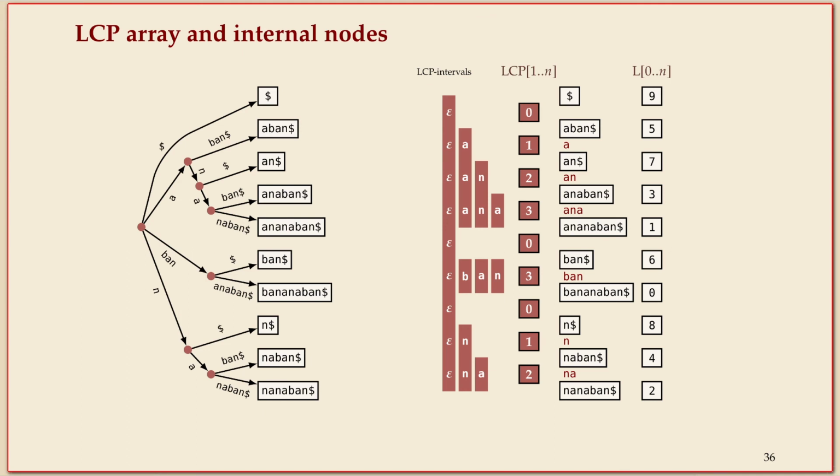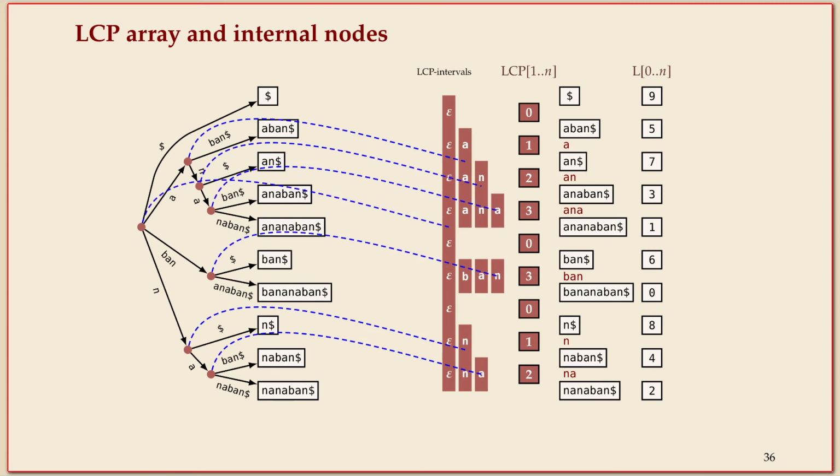The cool thing about these is that if you now compare them with the suffix tree, there's a one-to-one correspondence between the LCP intervals and the internal nodes. And that's shown here. So let's pick an example. Let's pick this AAA, which corresponded to this interval.